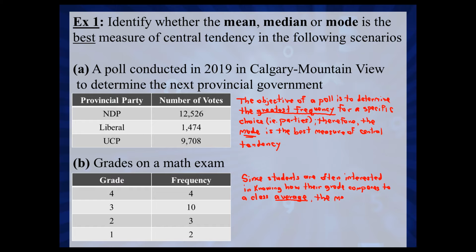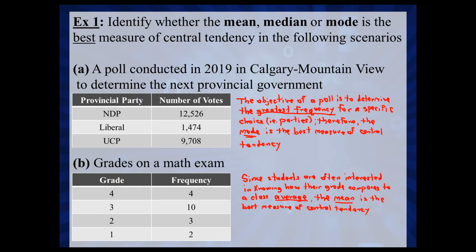An average is just the mean, is the best measure of central tendency.